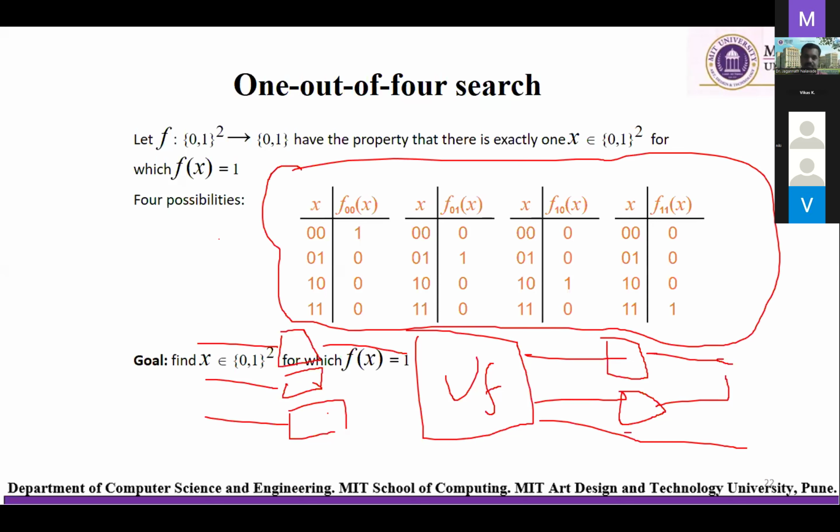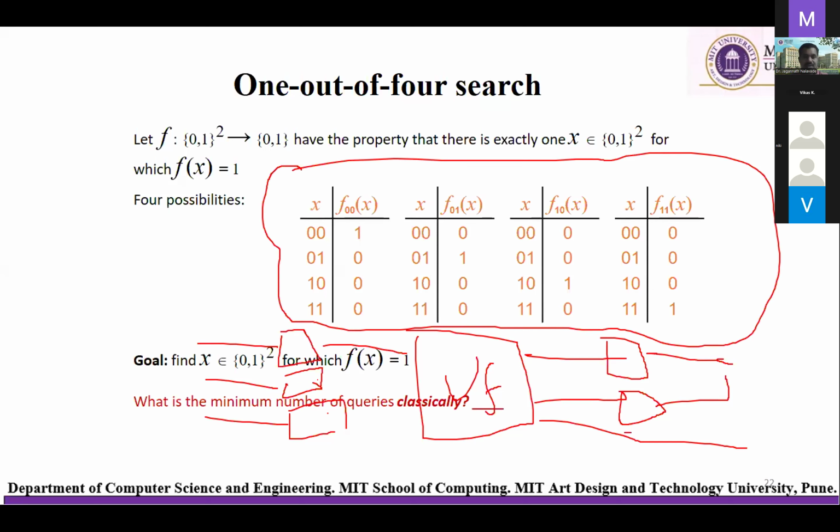And actually this problem, if we want to solve classically, then it will require a minimum of 2 queries. As in the previous example, we also discussed this thing. If we want to solve the Deutsch problem classically, then we require 2 queries.